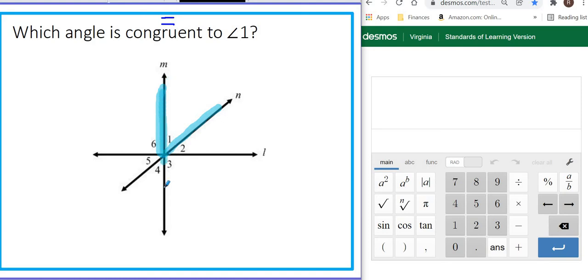Well, the pair that we know are congruent are called vertical angles. So if we draw vertical angles there, it's pretty easy to see that angle number 1 is across from angle number 4. So that means that angle 1 is congruent to angle number 4. They are vertical angles, but they are not adjacent because they are across from each other.